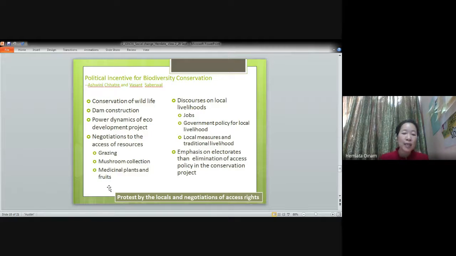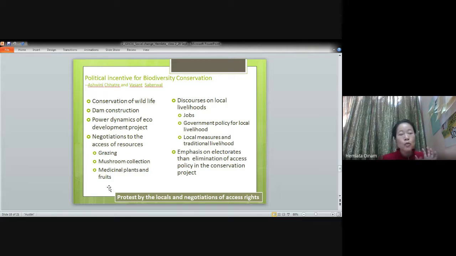What I'm trying to say here is that protests by the locals and negotiations of access rights between the political representatives or party representatives and politicians have brought the concept of environmentalism into a different understanding of the conservation process.